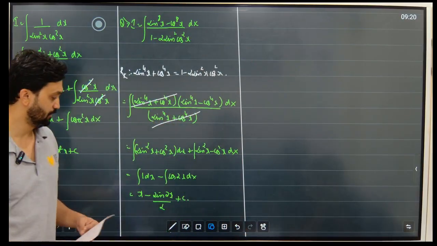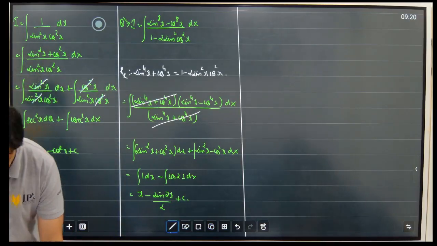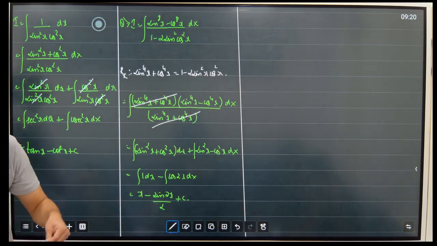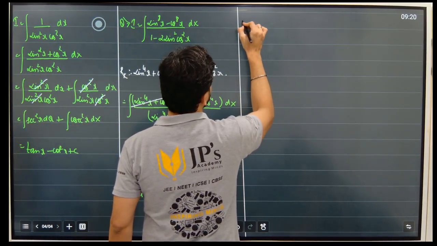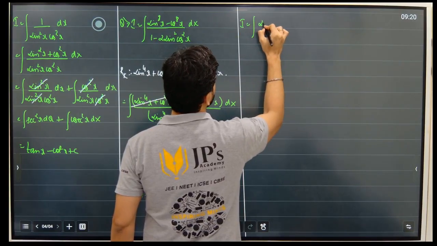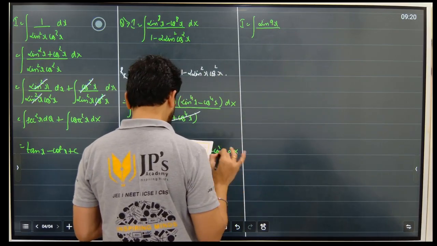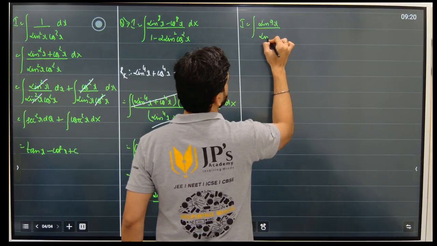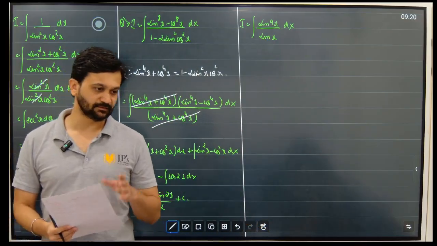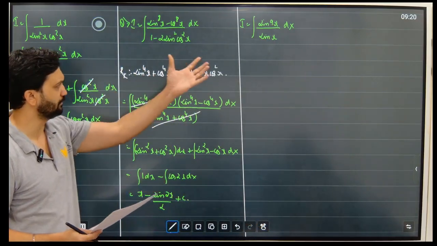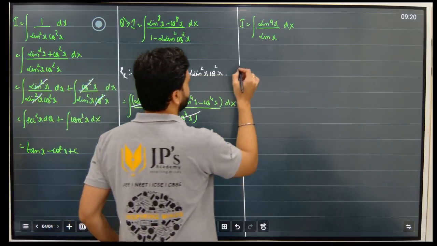You need to have your formulas intact for integration, so the chapter becomes easy. Now, if I take this formula, say for example, my question is I is equal to integration sin 9x upon sin x dx. Now what I am going to do is a simple thing.